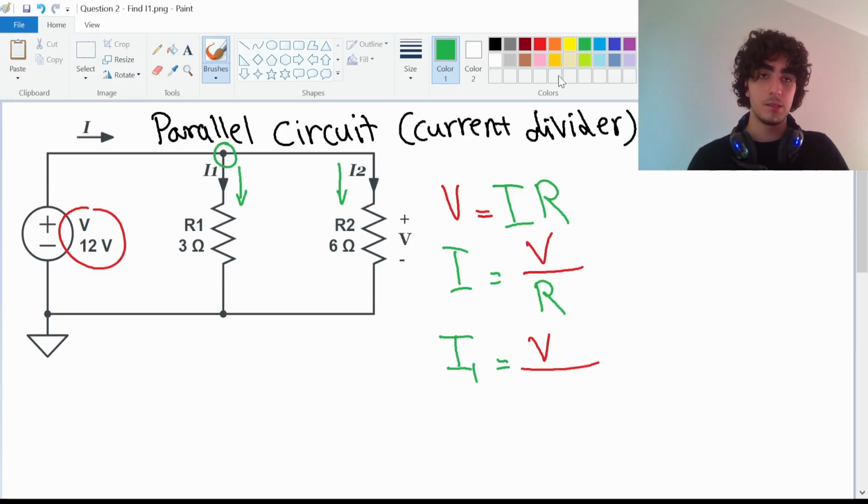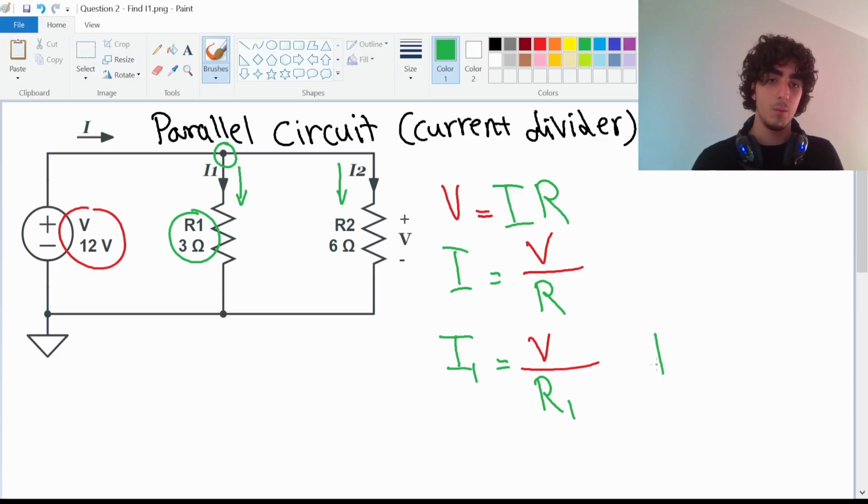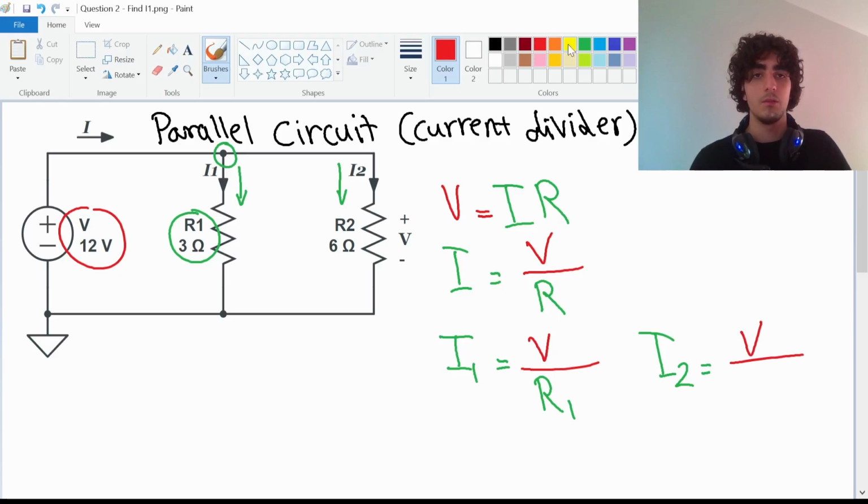But the resistance that we're focusing on is going to be R1, because R1 is what current 1 is flowing through. So this would be the equation for current 1. And same thing for current 2. So current 2 is going to be equal to the same voltage source divided by R2, because this time it's going through resistance 2.